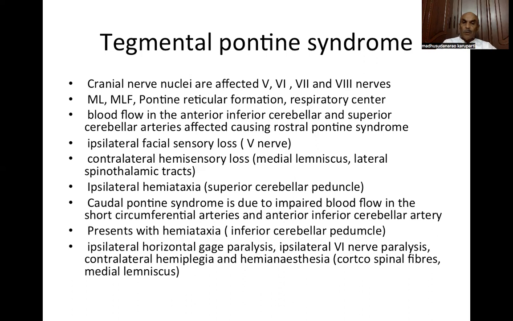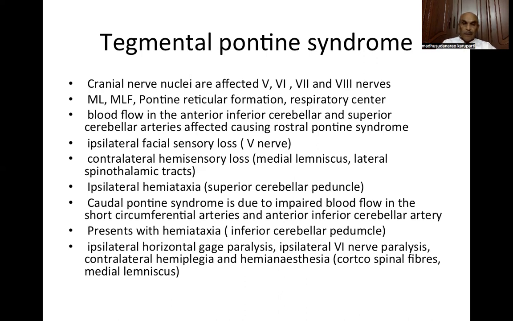Caudal pontine syndrome is due to impaired blood flow in the short circumferential arteries and anterior inferior cerebellar artery. It presents with hemiataxia due to involvement of the inferior cerebellar peduncle.